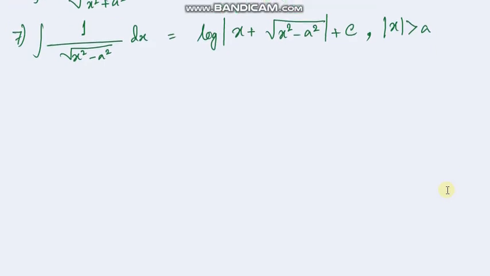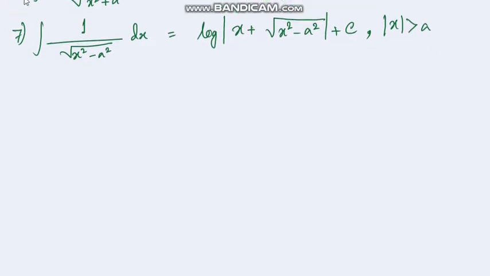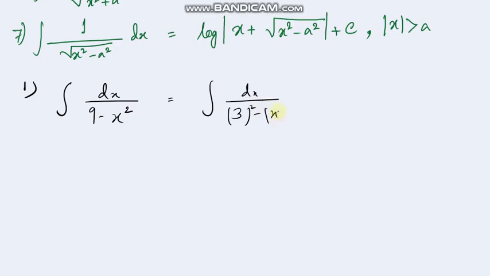So first sum, suppose I'm just taking an easy one for the first time. Suppose it is integration of dx divided by 9 minus x square. I'm going to write it as integration of dx divided by 3 square minus x square.